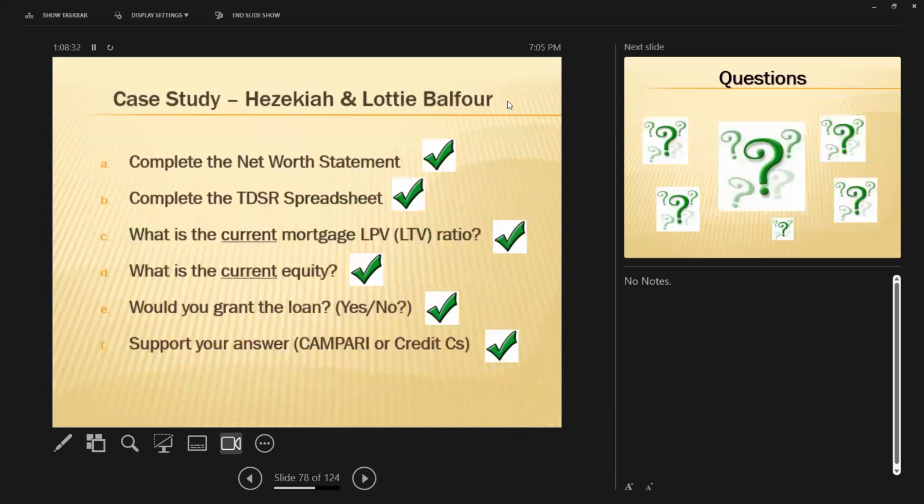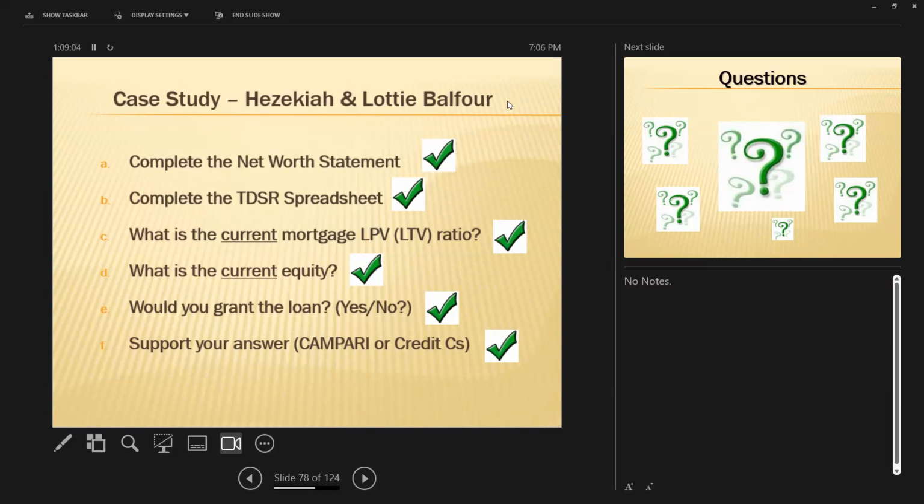Okay, so for Hezekiah and Lottie Balfour, we've completed them the same way that we have completed Martin and Sherry Rule. So you have an example of two case studies, which would be good for you to review in preparing for the final exam. These two are complete.